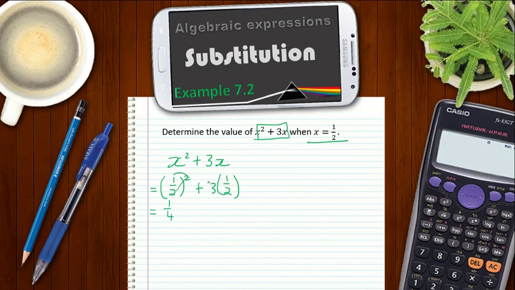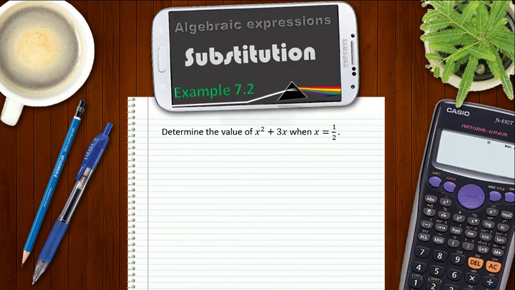And 3 is the same as 3 over 1, so 3 over 1 times 1 over 2 gives 3 over 2. So this is plus 3 over 2. When I add my fractions, I have to get the same denominator, multiply top and bottom by 2. So I get 1 over 4 plus 6 over 4, and that gives me 7 over 4. So I'm just going to leave my answer like that.